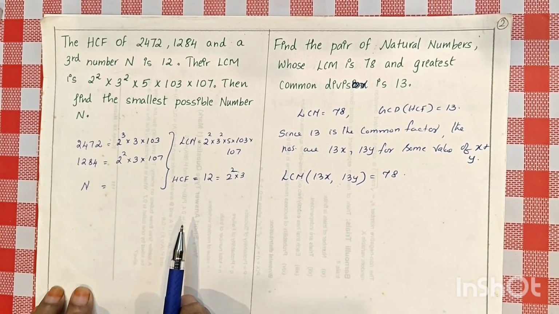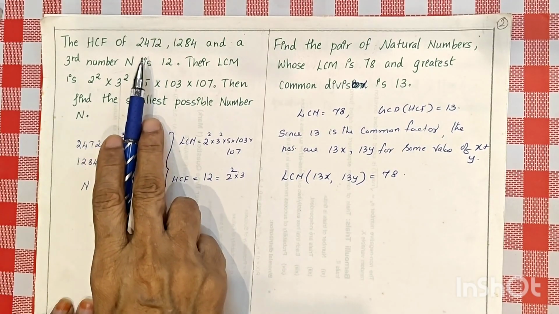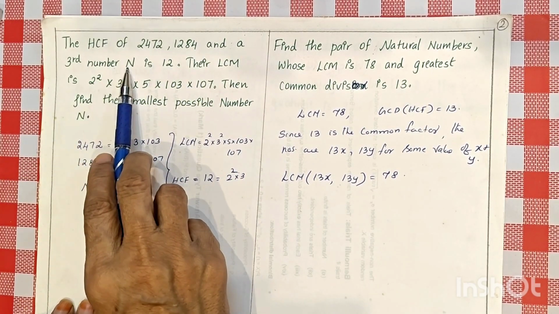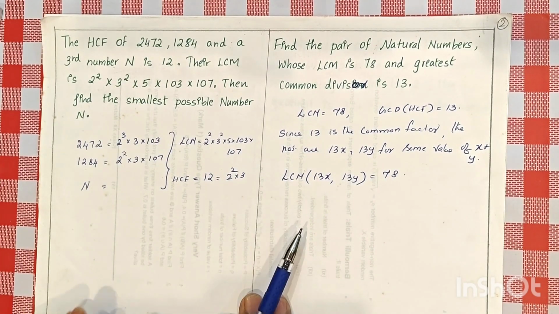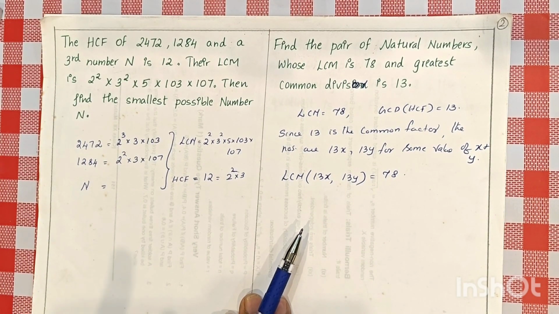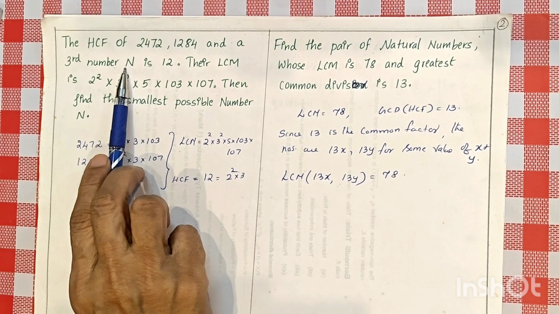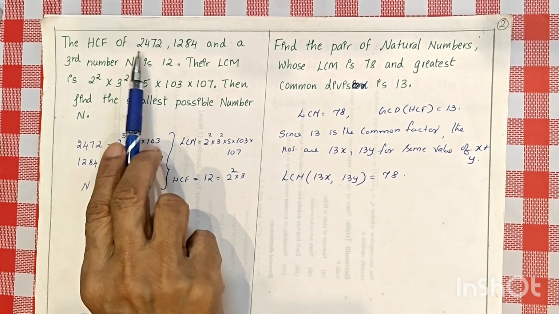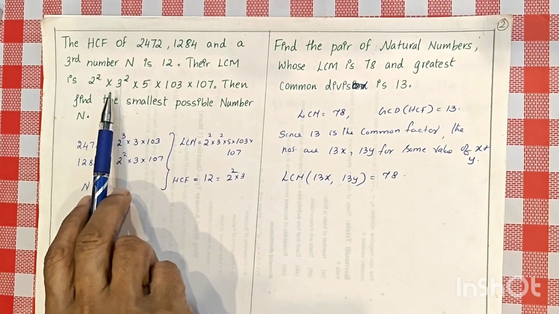Now the next question. The HCF of two numbers 2472, 1284 and a third number n is 12. So the HCF is given, and we have got two numbers, but the third number is what we have to find out. Here the HCF and LCM of the three numbers are given.